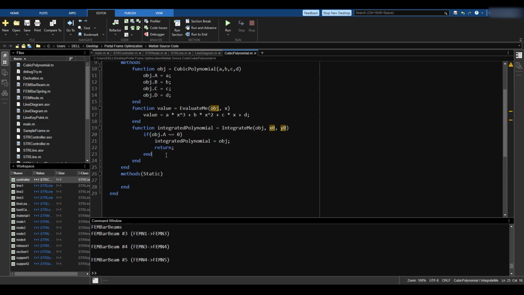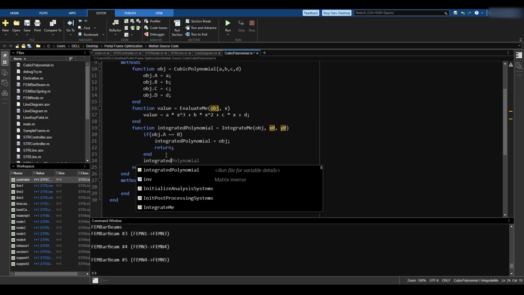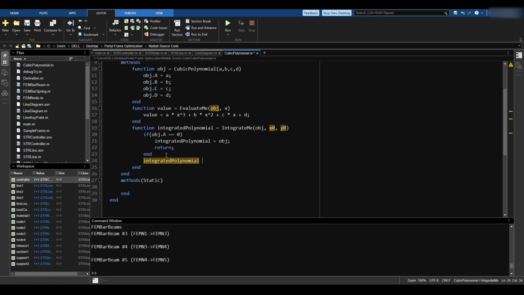So in that case, I'm going to have a new integrated polynomial, and in this case, this equals a cubic polynomial. Let me first initialize it to 0. And now let's start playing with things.